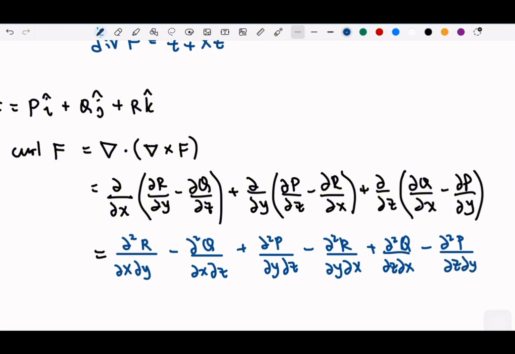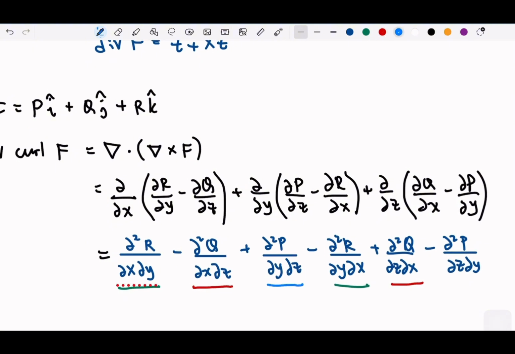And then again, because these are second partials, and the order in second partials, whether x or y first, if you have the same respective derivatives, then it will be the same. So for example, we have R with dx dy, and this is dy dx. They are basically the same results. Also, we have ∂x ∂z, and for this ∂y ∂z, or ∂z ∂y.